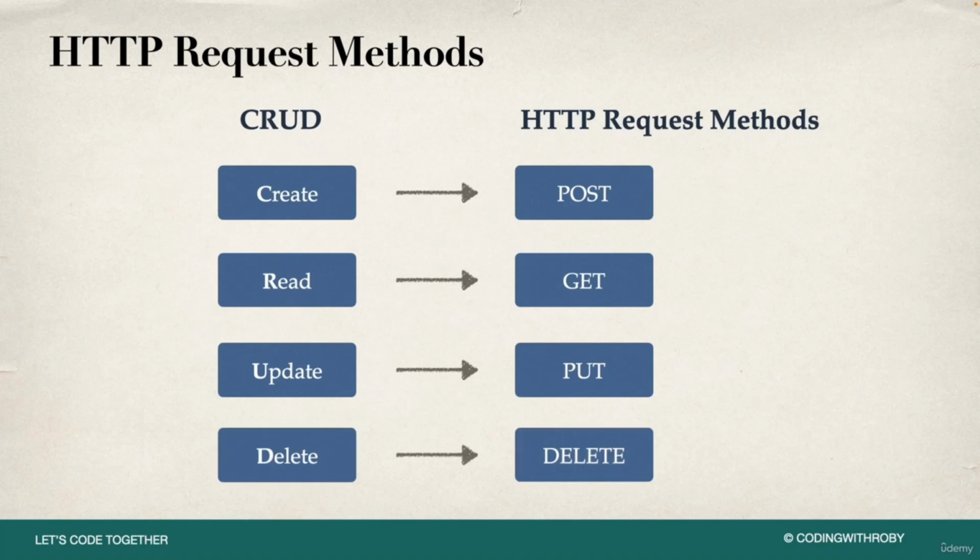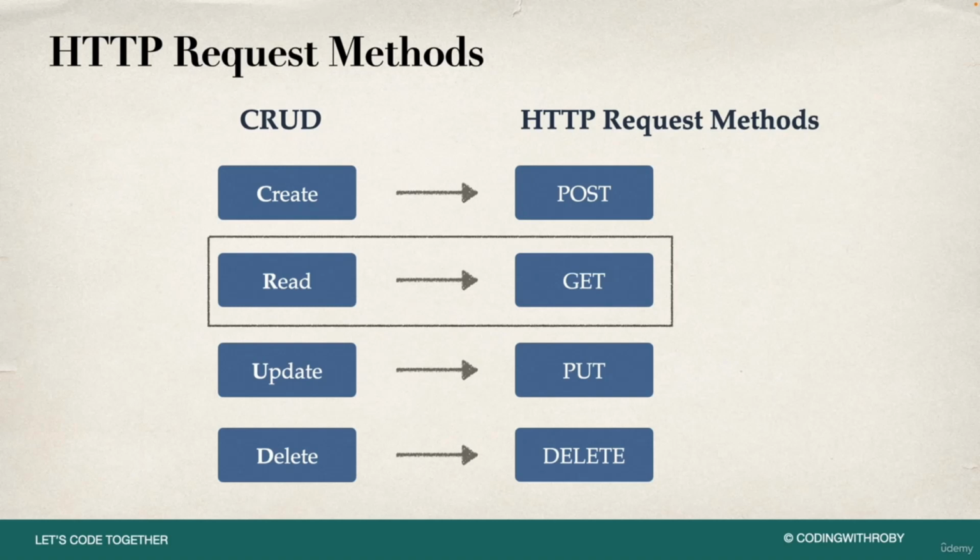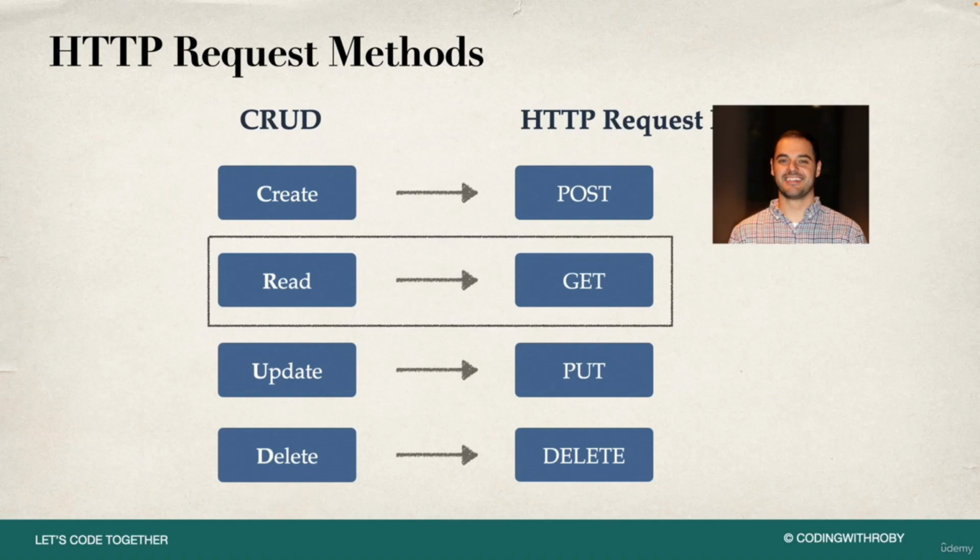So the very first thing we're going to be going over within our FastAPI application is how to create a GET request method so we can read and return information back to the client who is requesting information from FastAPI. And with that, let's jump into the code and create our first FastAPI endpoint.